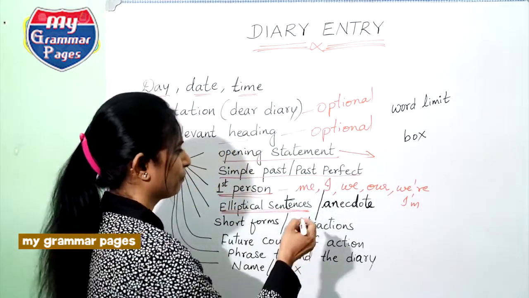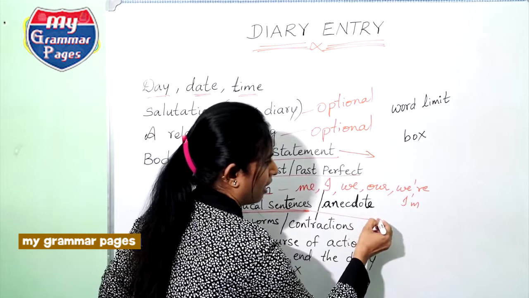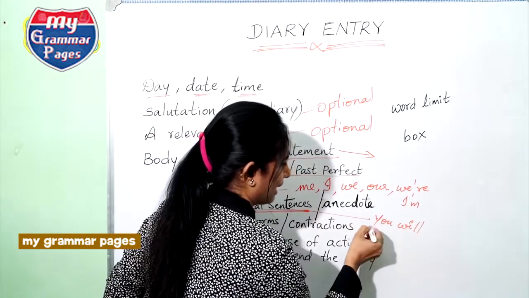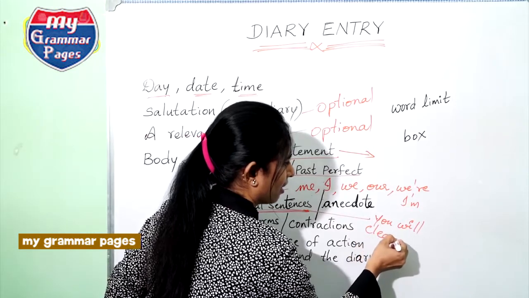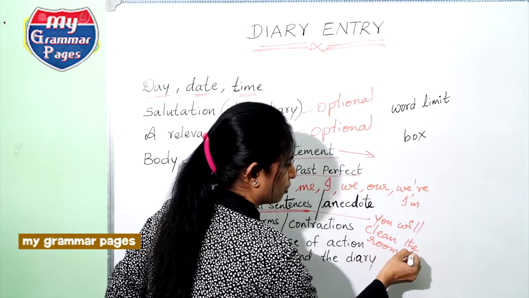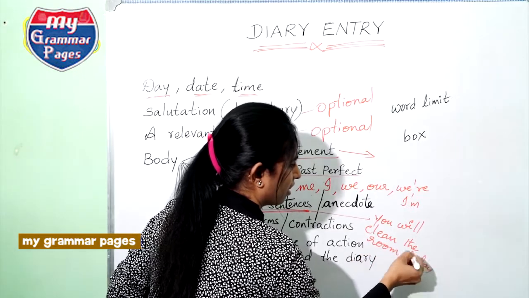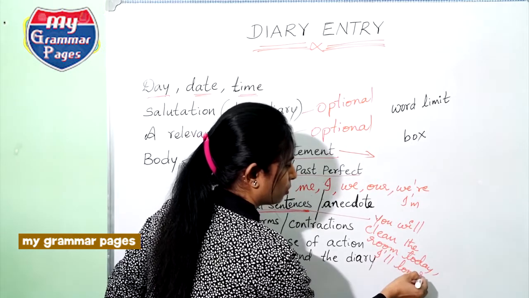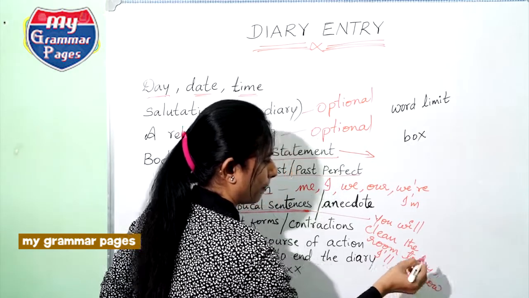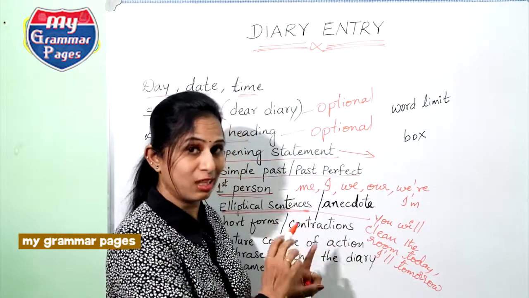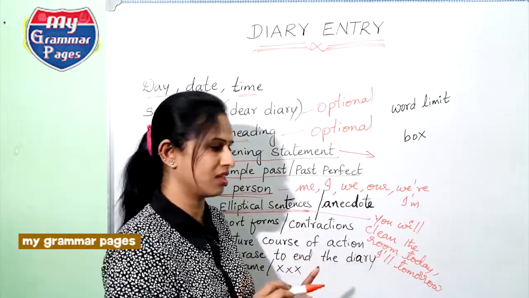For example, see: you will clean the room today. I will tomorrow. In this sentence, I see that this is an elliptical sentence. What is an elliptical sentence?